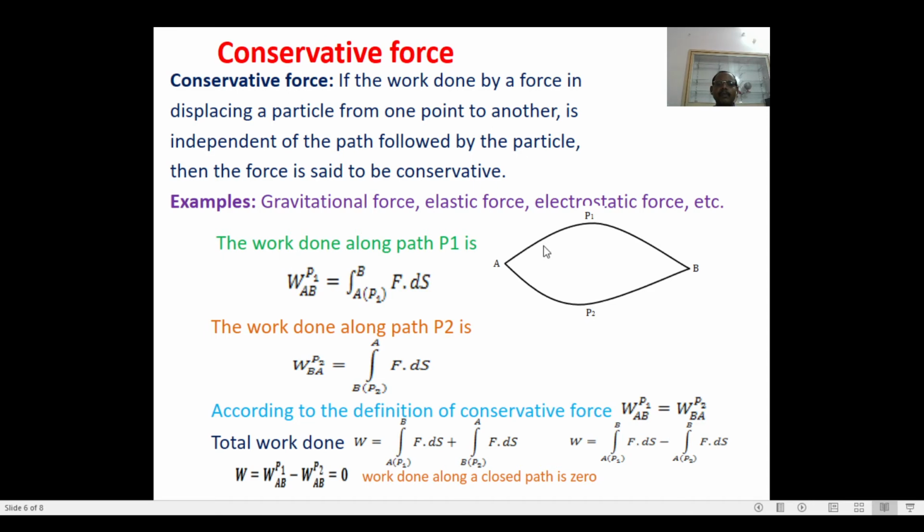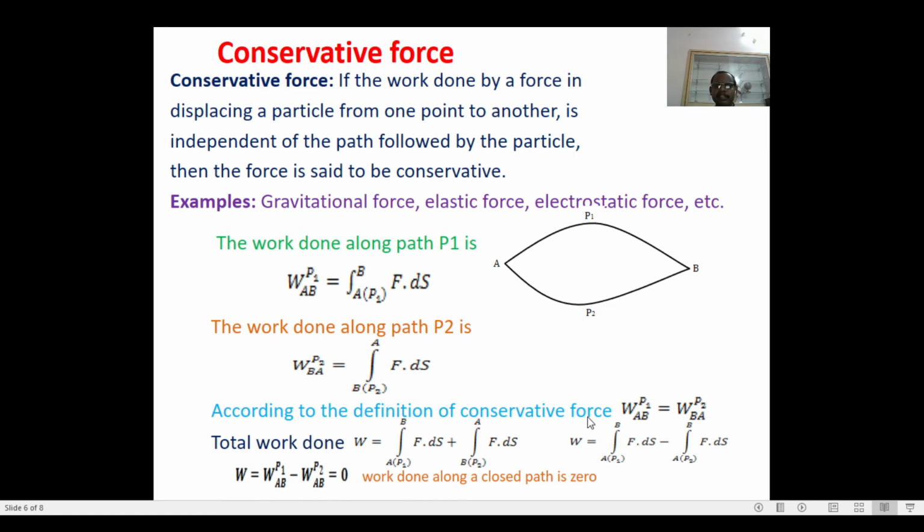Now I will consider a particle which is displaced from point A to point B by a force along two different paths P1 and P2. Work done along path P1 is WAB along path P1, equal to the integral from A to B along path P1 of F ds. Work done along path P2 is WAB along path P2, equal to the integral from B to A along path P2 of F ds.